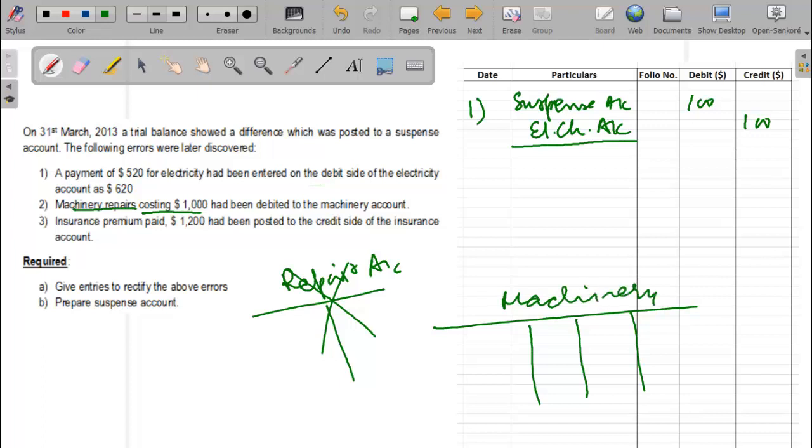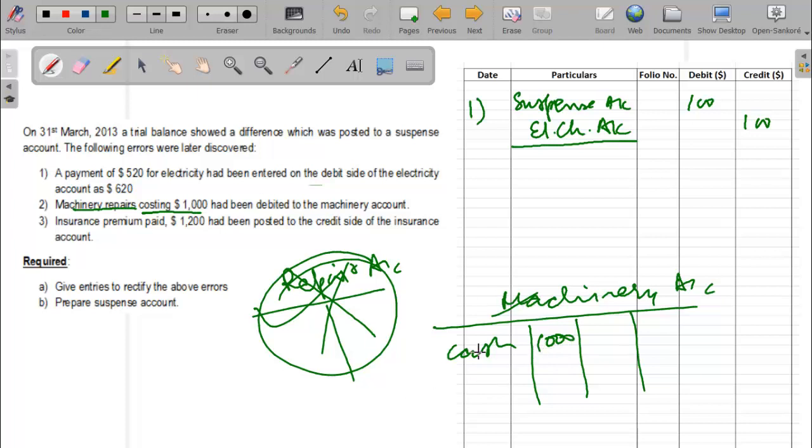In the machinery account we wrote cash 1,000. So this is actually an error of principle. This is a revenue item and this is a capital item. Instead of debiting revenue account, we debited the capital account. This is a capital item, asset. So this is an error of principle.